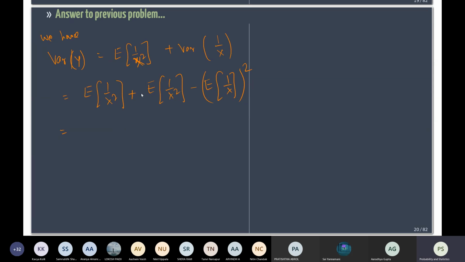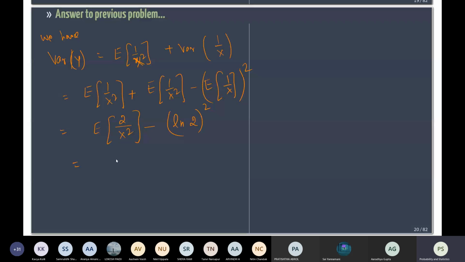So this is the expectation of 1 over x squared, and due to linearity of expectation, the expectation of 1 over x is something we have computed before. That was the natural logarithm of 2, then squared. Then we are supposed to find this value. x was given to be uniform, so we can compute this using the uniform.